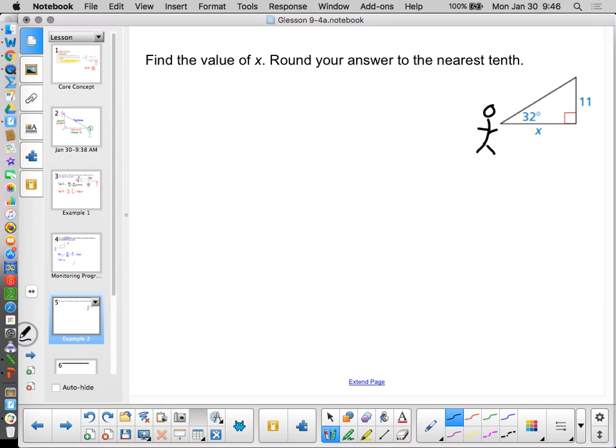What we do is we set up a ratio. The tangent of my given angle, now I know a measure of that angle, tangent of 32 equals the opposite over the adjacent. Now, tangent of 32 has a value. Get out your calculator.